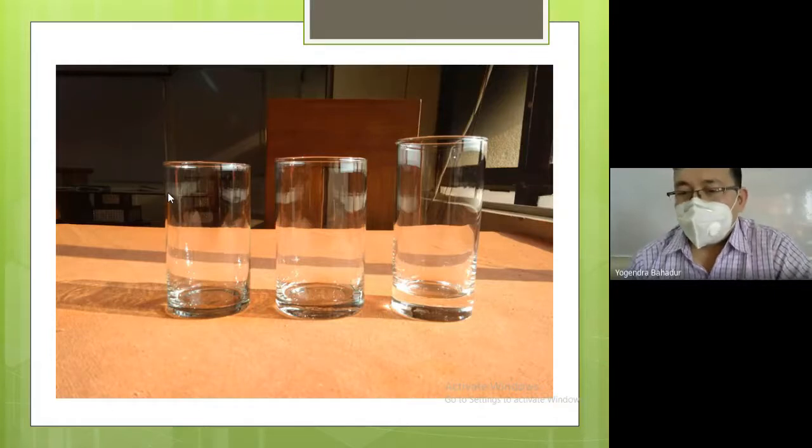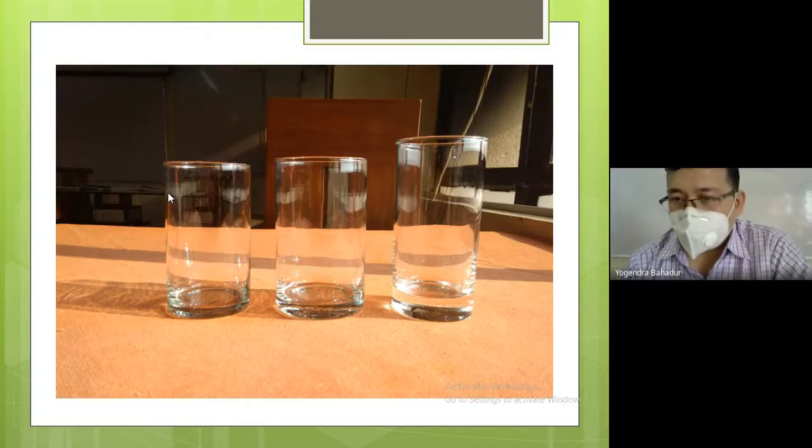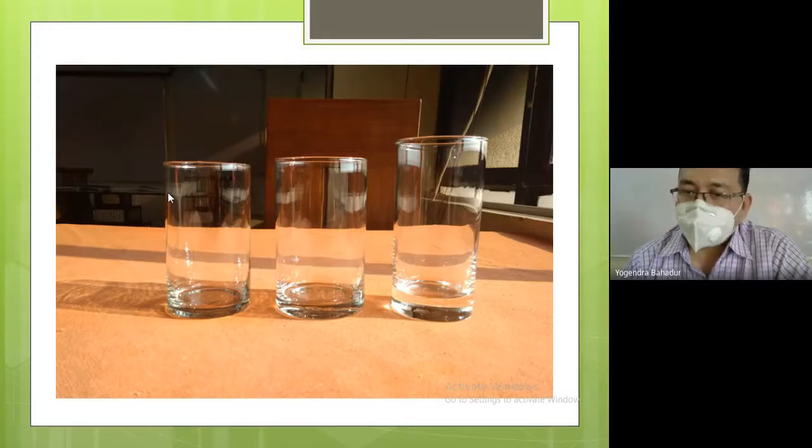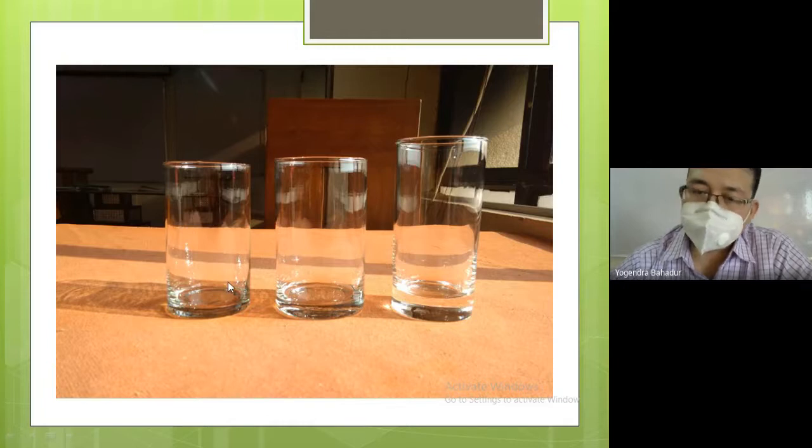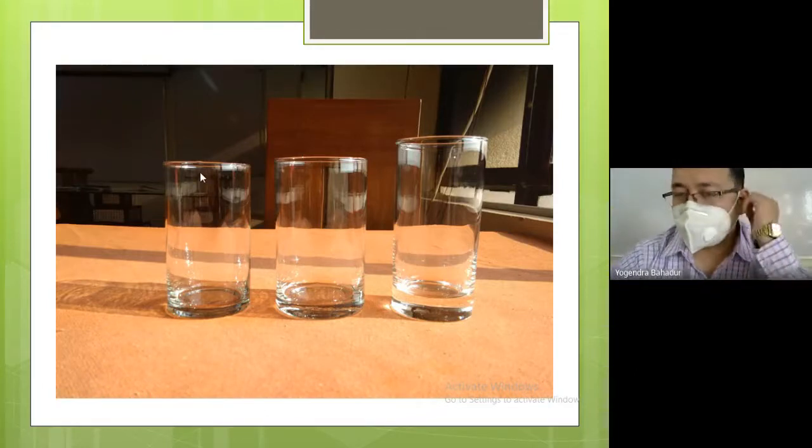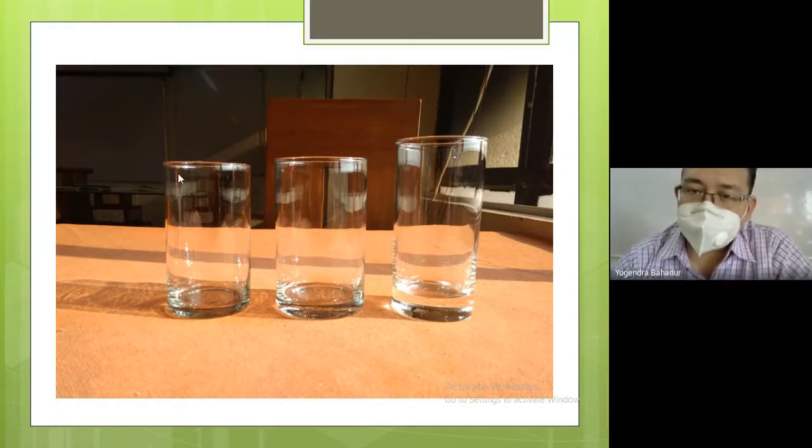As you see, there are three glasses in front of you. Look-wise, all three glasses appear the same, and they are cylindrical in shape. But if we move from left to right, from small to large, the smallest one on the left of my screen is known as the highball glass.